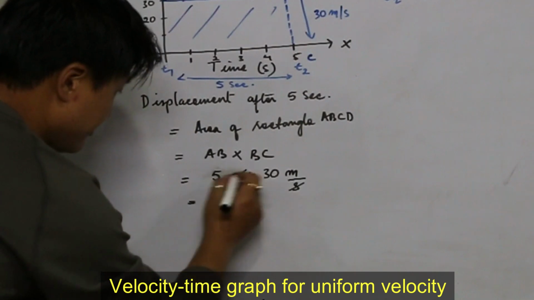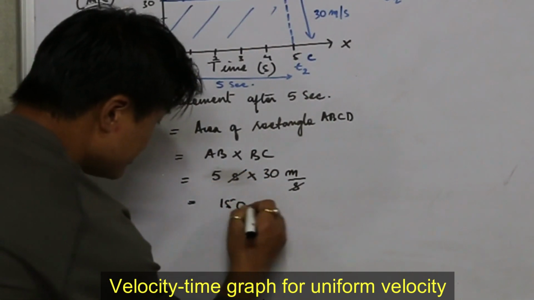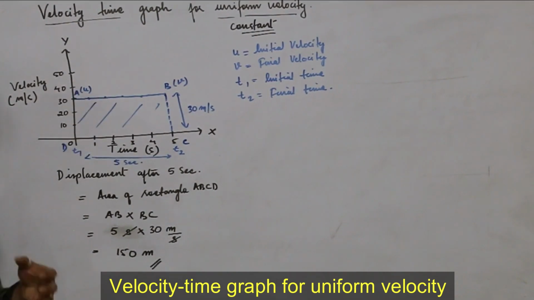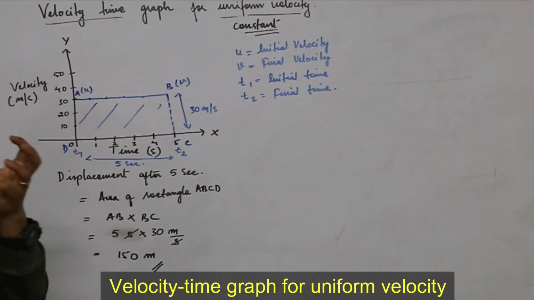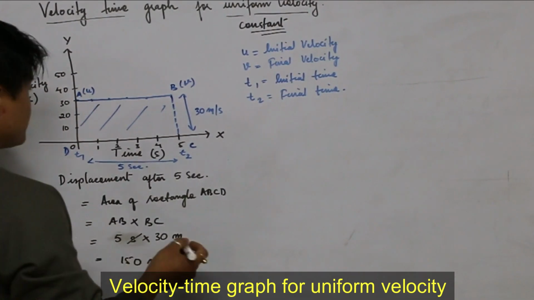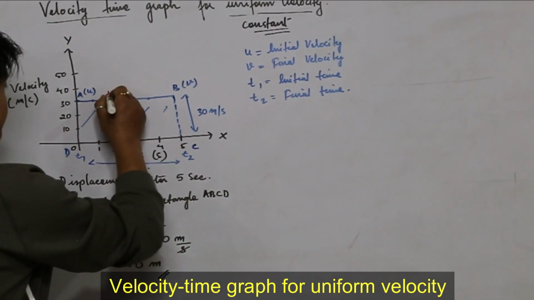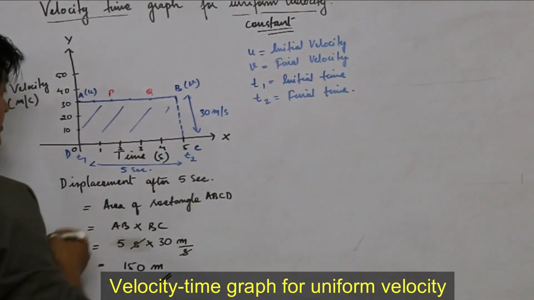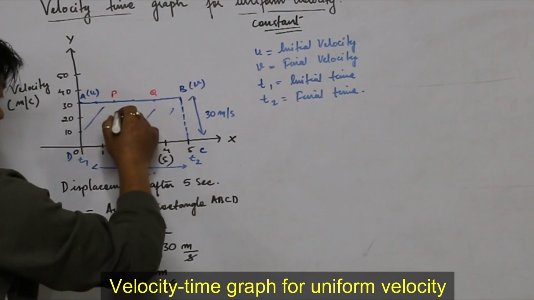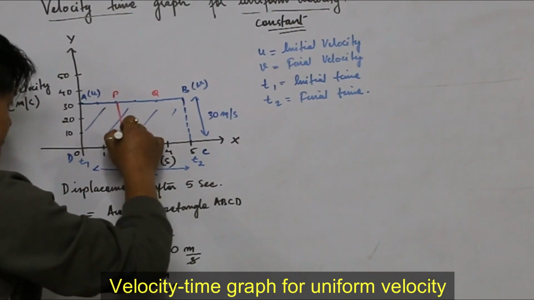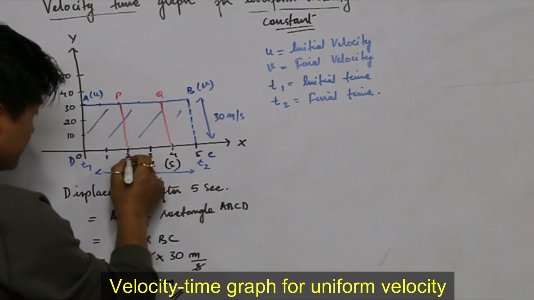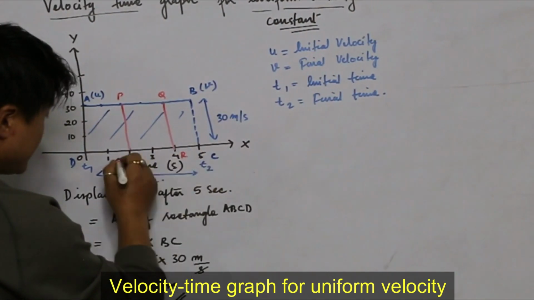530 times will be 53 or 15 meter. With the velocity time graph, we can determine the displacement of the body in a certain interval of time. So now if you have to calculate the displacement of the body from point P to Q, we have to drop a perpendicular from P and drop a perpendicular from Q, and this is your PQRS.